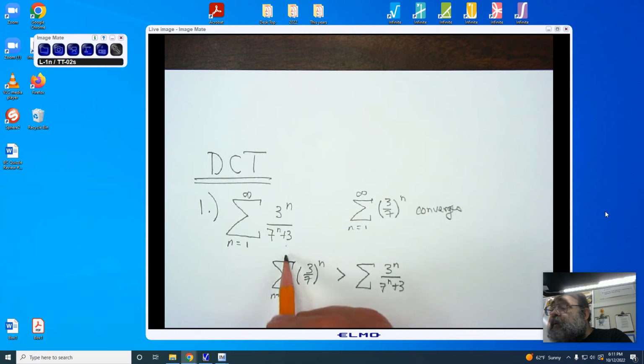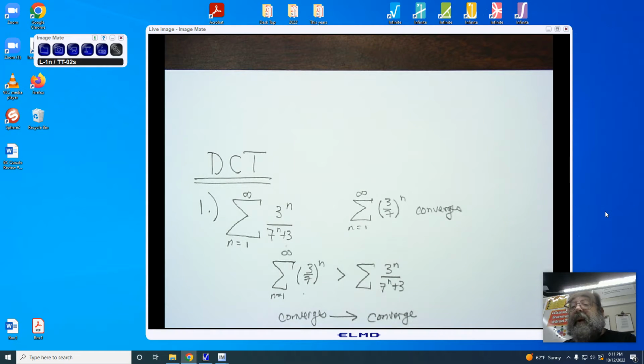And because we have a larger series that converges, it forces the smaller series to converge. This is by the direct comparison test, and that's what I now need to write.